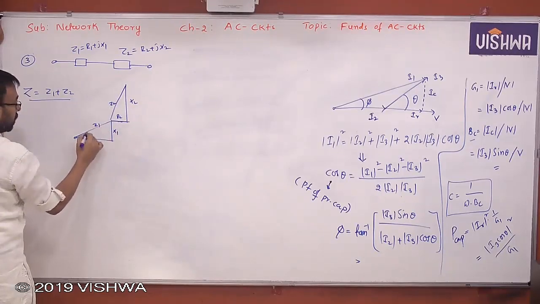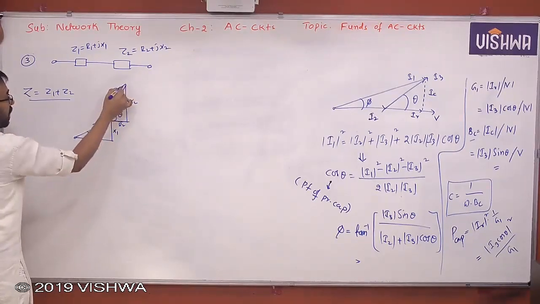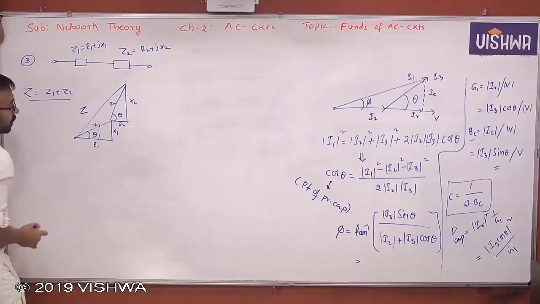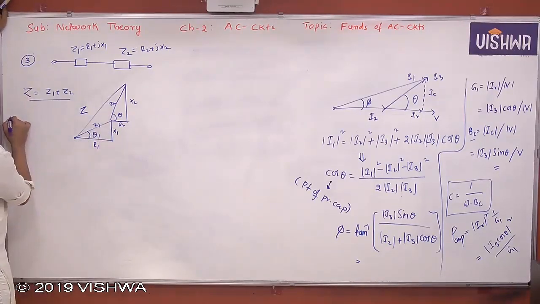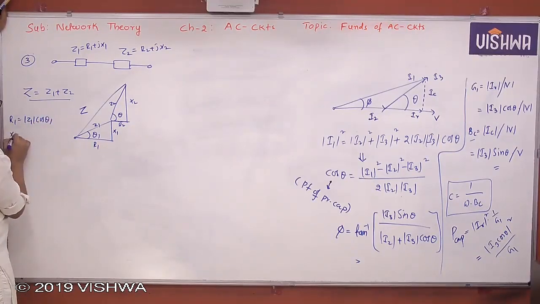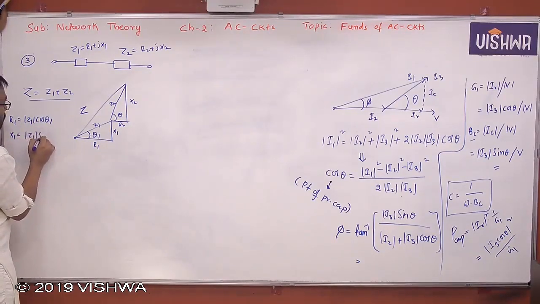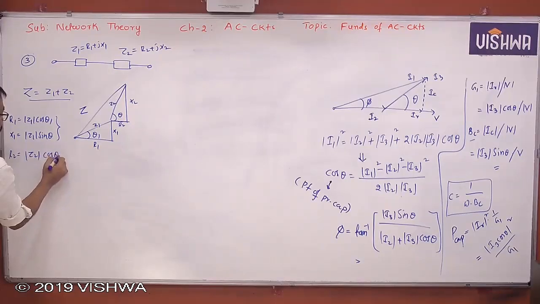This is Z1. This is theta 1. This is theta 2. But this becomes what? Z. The horizontal component of this is R1 equal to Z1 cos theta 1. X1 is Z1 sin theta 1. Then R2 is equal to Z2 cos theta 2. X2 is equal to Z2 sin theta 2.